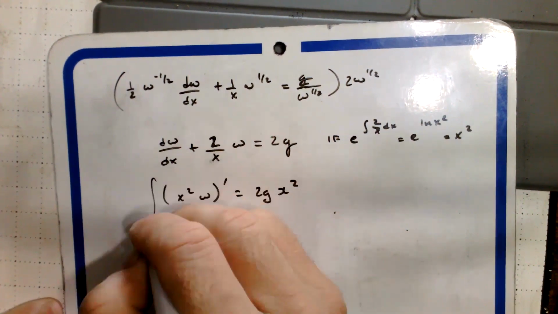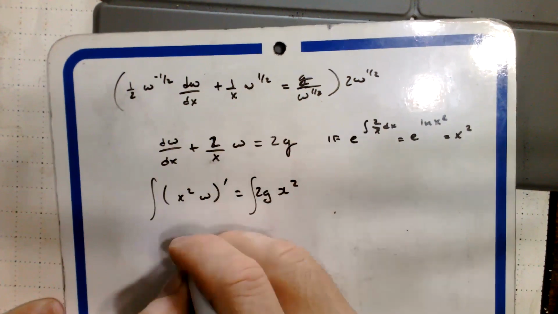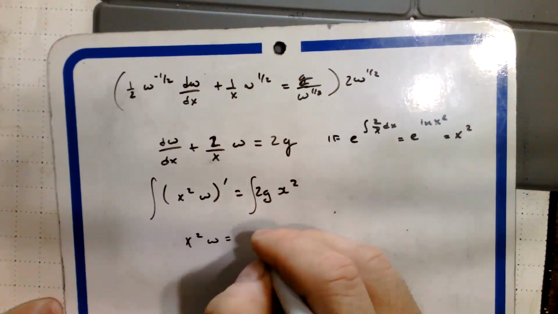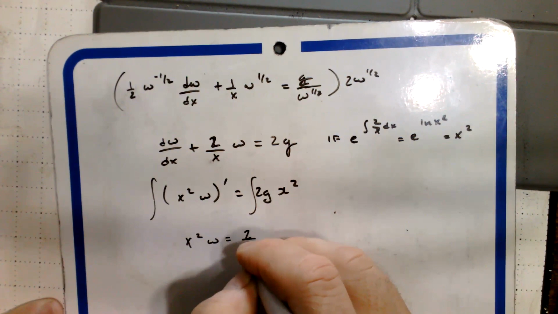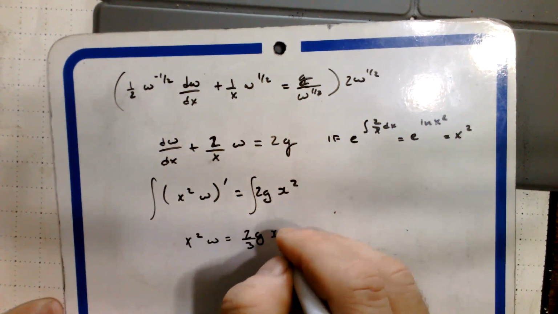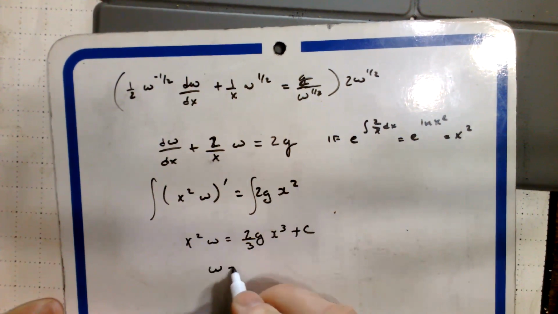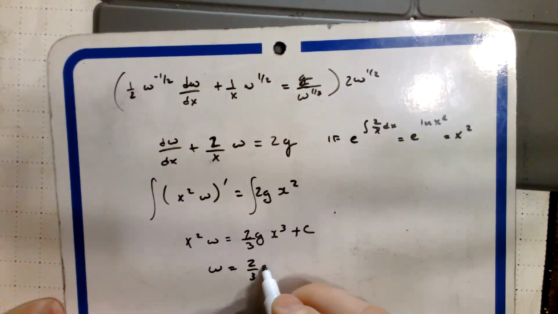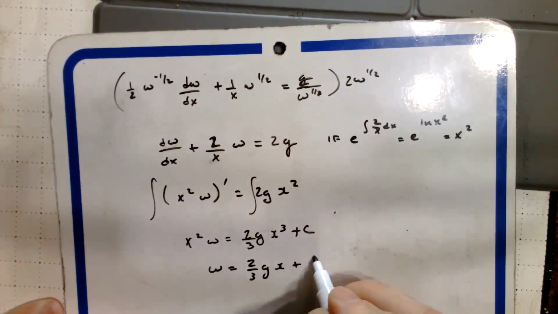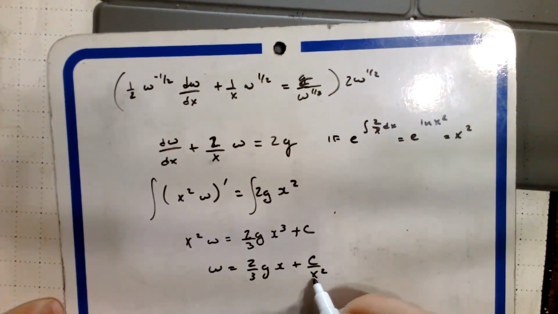Okay, integrating. It's going to give me x squared W is equal to 2/3 g x cubed plus c. Divide through by x squared, and we get W is equal to 2/3 gx plus c over x squared.